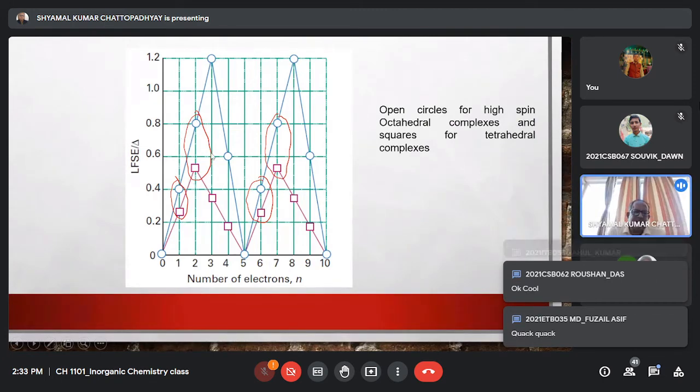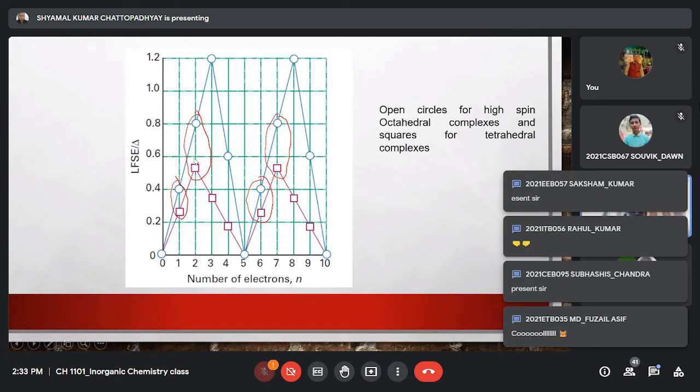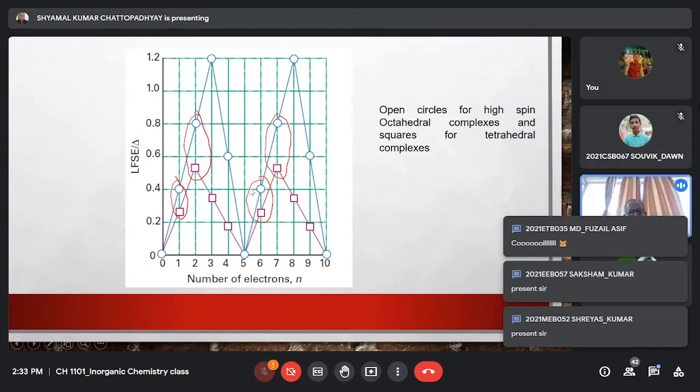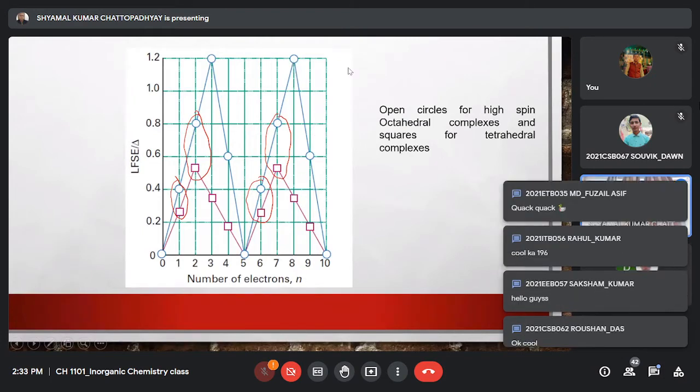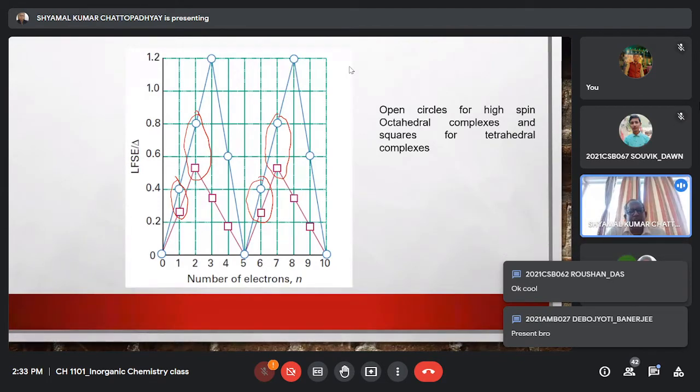The OSSE is larger. The difference in OSSE and tetrahedral stabilization energy is relatively larger, but still it is manageable. In case of d6, again it is quite small, and in case of d7, again it is somewhat larger, but for d3 or say for d8, the stabilization of the octahedral complex is so huge that tetrahedral complex is not very easily formed.